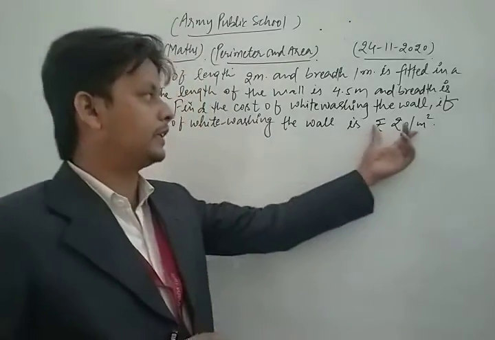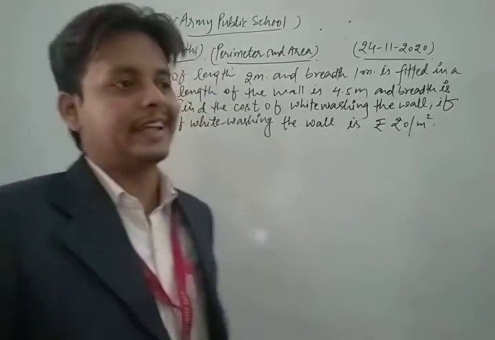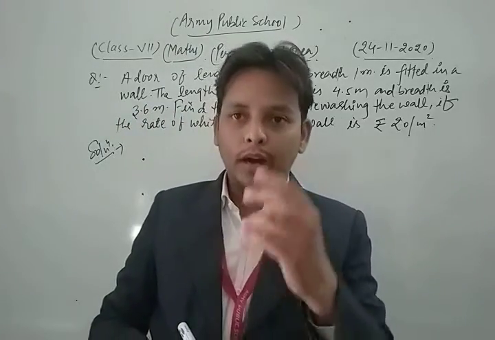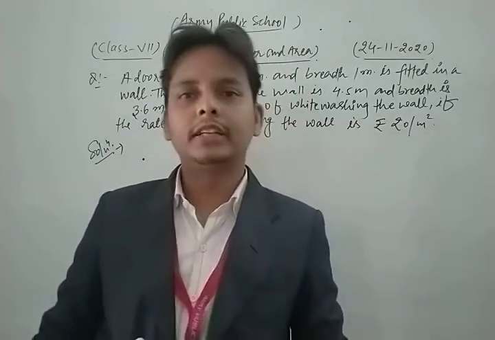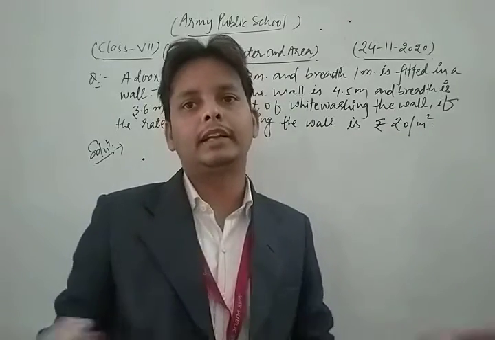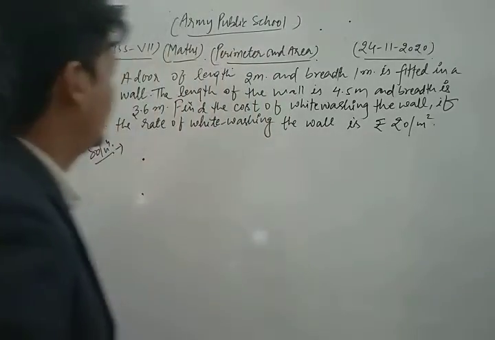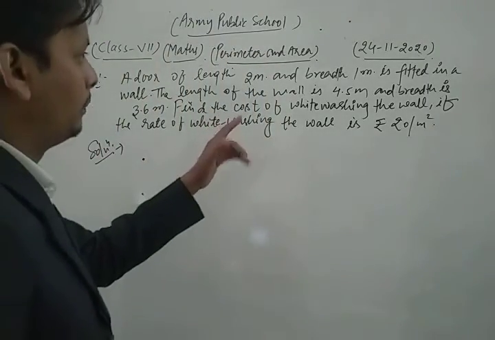Rupees per meter square is given already, 20 per meter square. So first of all, we need the required area for the whitewashing. After that, we multiply by the 20 per meter square, and hence we get our required solution of the given question.